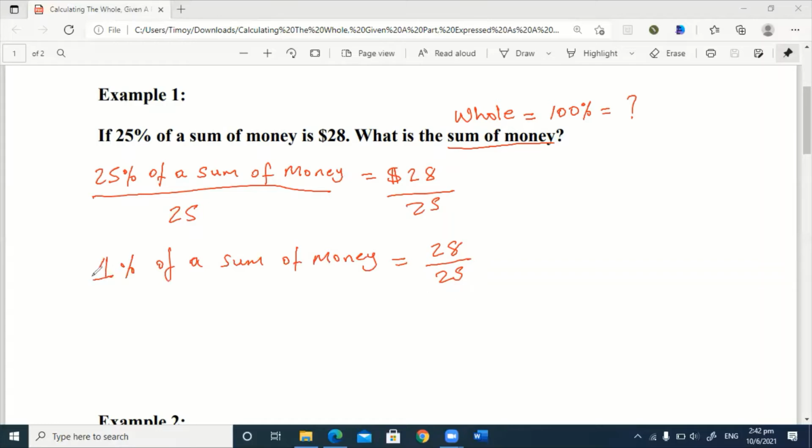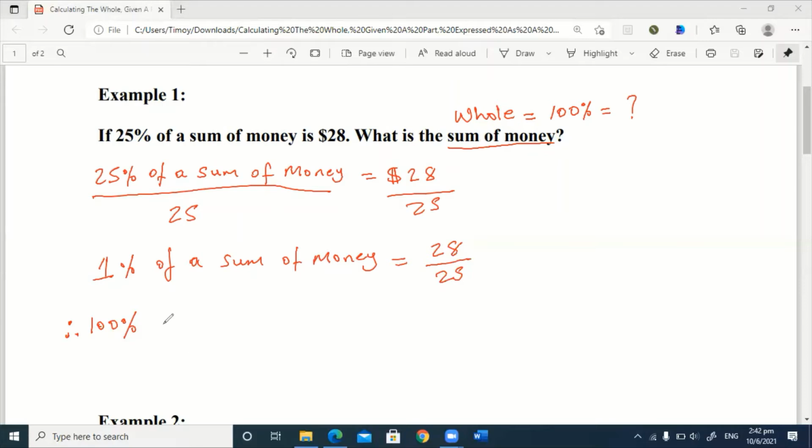Now that we know what 1% of the money is, we can therefore find 100% of the money. So you can write a next statement to say, therefore, 100% of the money. And what does 100% represent again? It represents the whole, which is the sum of the money.